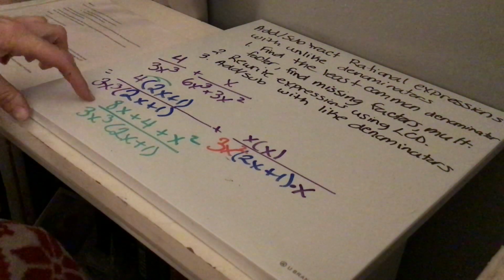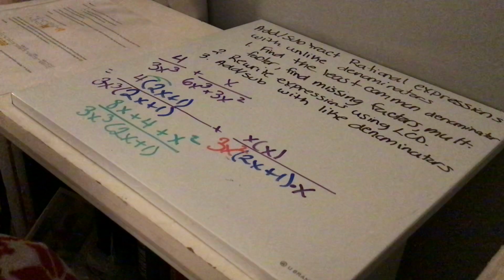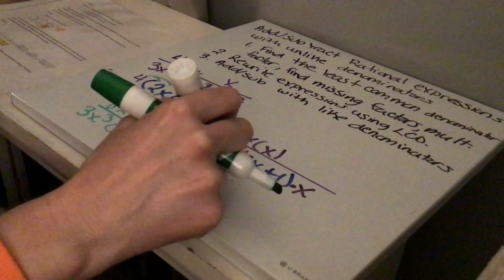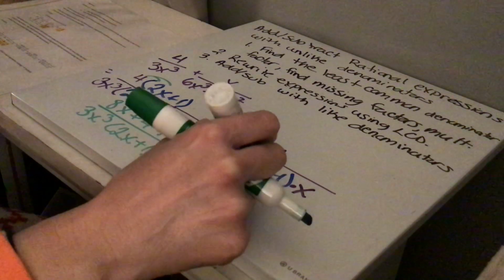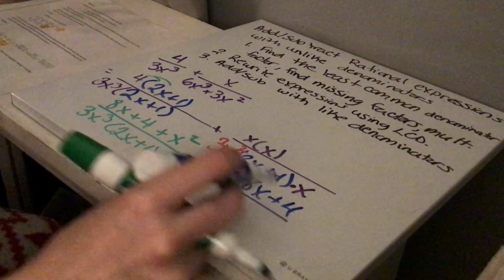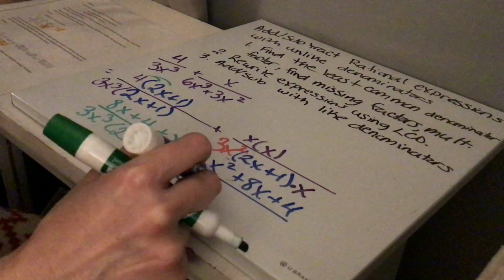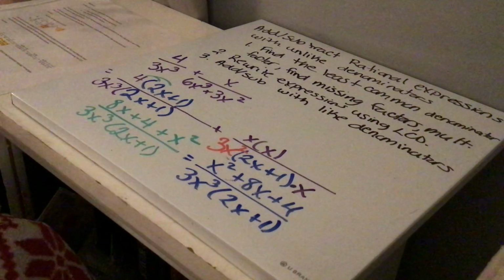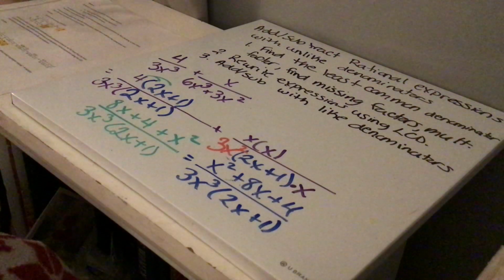And then you would try to factor if you can and cancel out common factors. It's not going to help because we get x squared plus 8x plus 4, which can't be factored. Divided by, you do not have to multiply out the denominator. You can leave it as 3x cubed times 2x plus 1.